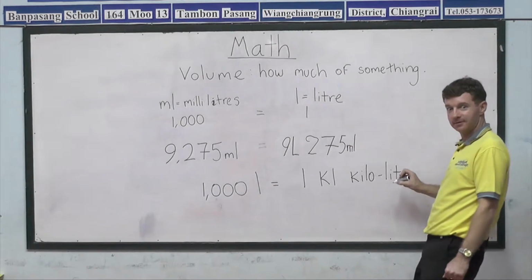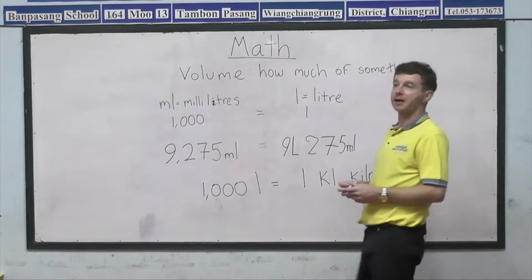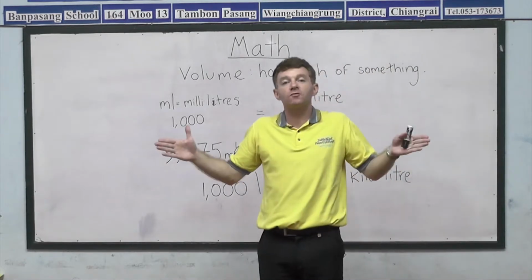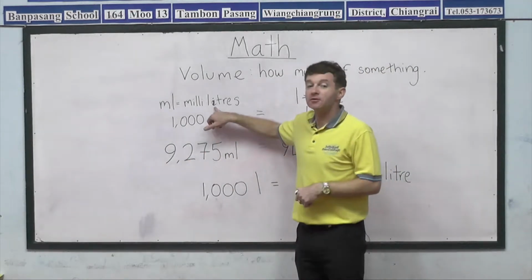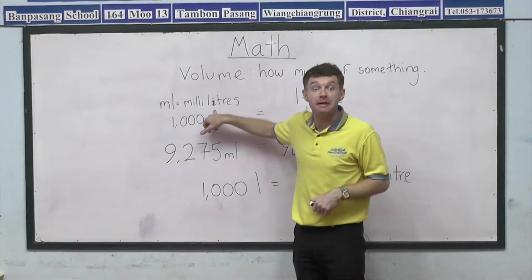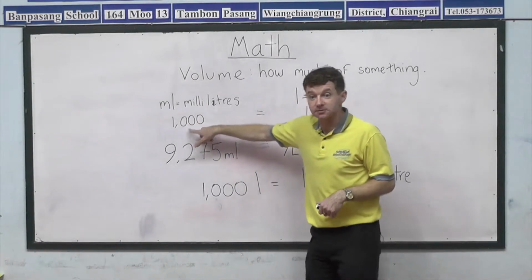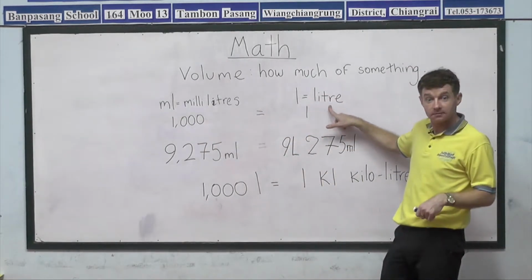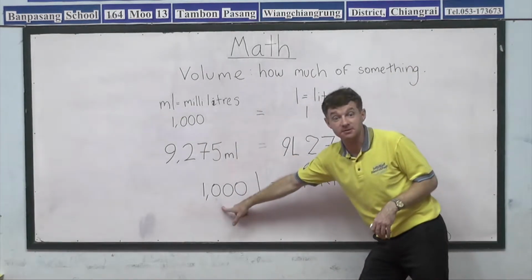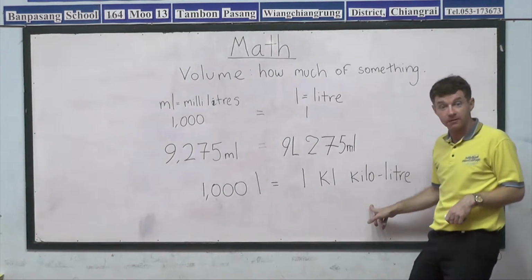litre, kiloliter. Think back, remember when we were doing units of length, instead of milliliter, we had millimeter. And 1,000 millimeters made 1 meter. 1,000 meters made 1 kilometer.